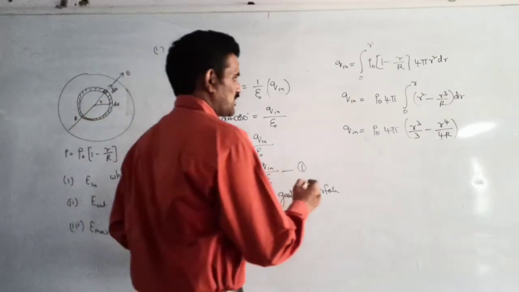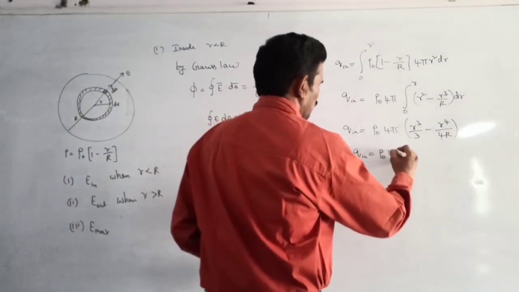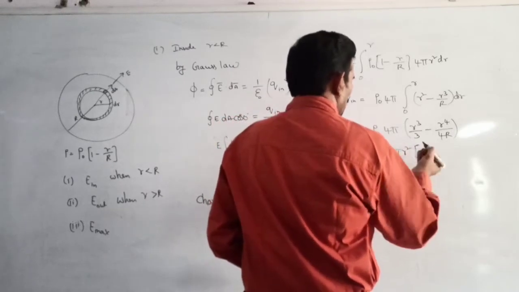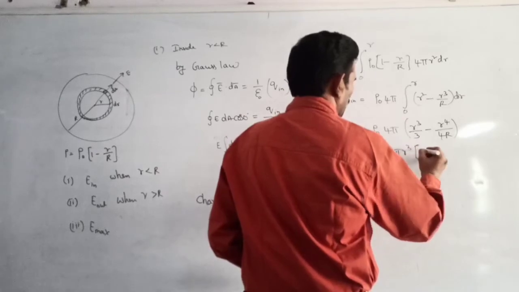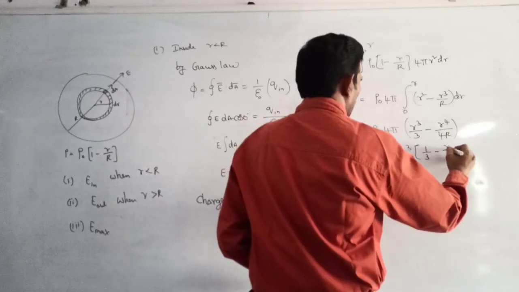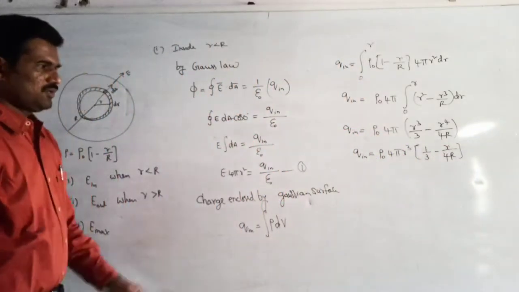I can take r square common. So rho naught into 4 pi r square I am taking common. If you take r cube common, then it is 1 by 3 minus r by 4R, right? Now that is the charge enclosed.